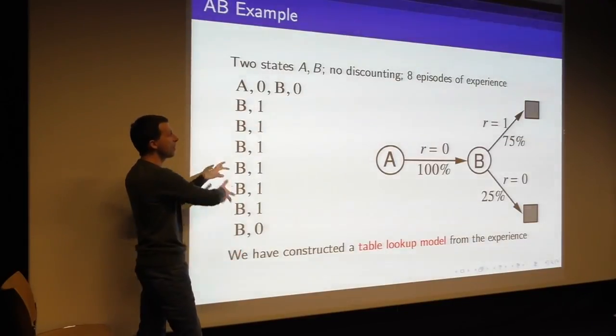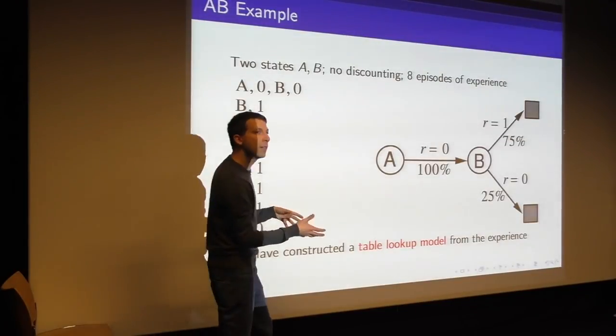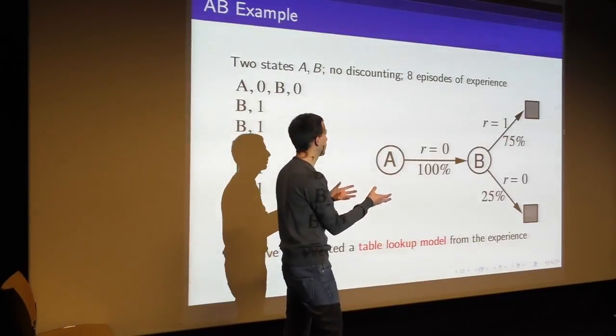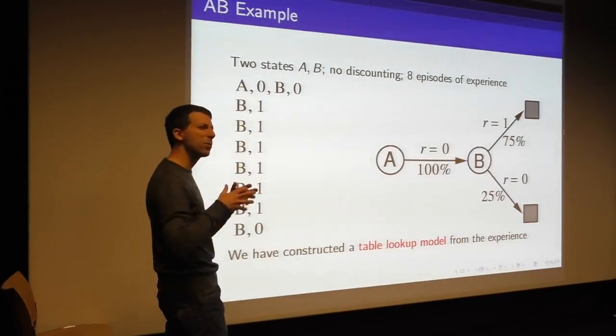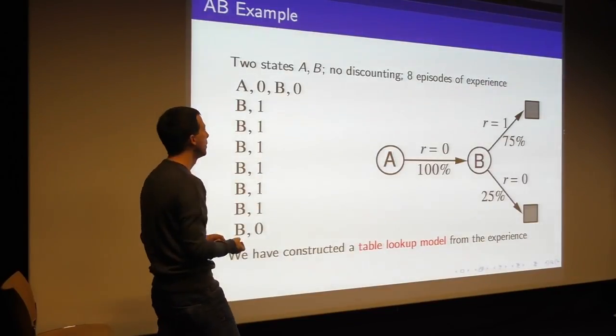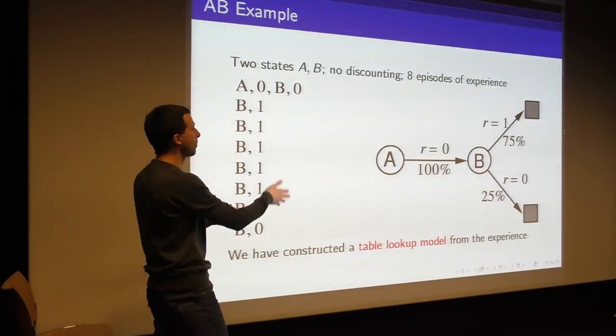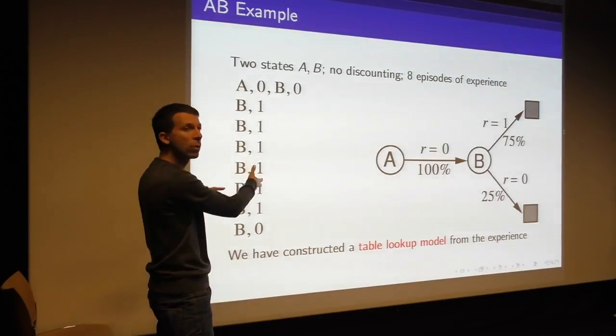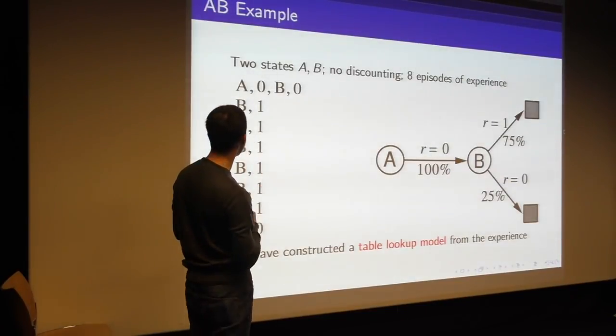We can take this experience, and as we did before, build a model from it. This is what TD was doing implicitly; now we're making that explicit. We're explicitly building the table lookup model that corresponds to these counts and these rewards that we've seen. All we need to do is count.